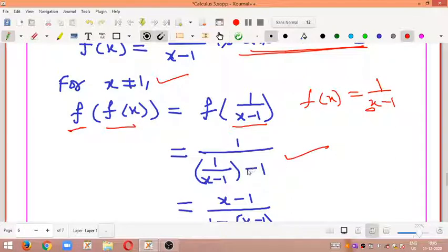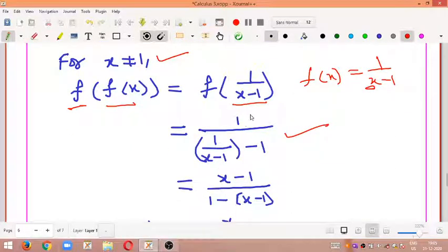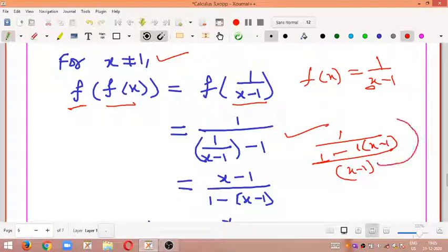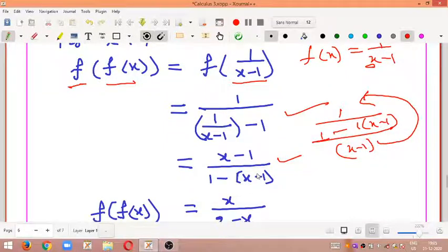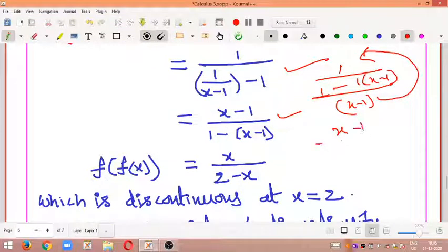By simplifying, taking the LCM, x minus 1 goes into the numerator: x minus 1 divided by 1 minus (x minus 1). Removing the brackets, 1 minus x plus 1. 1 plus 1 means how much? 2. So we get x minus 1 by 2 minus x.